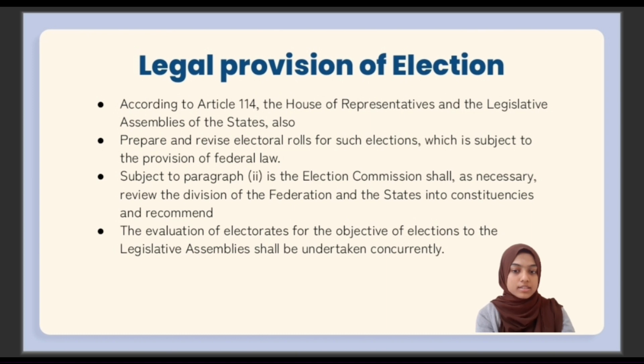Furthermore, subject to paragraph 2, the Election Commission shall, as necessary, review the division of the federation and the states into constituencies and recommend such changes as they may deem necessary in order to adhere to the requirements embedded in the 13th Schedule.